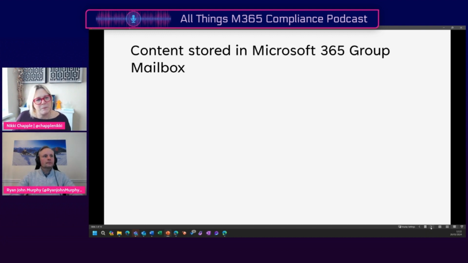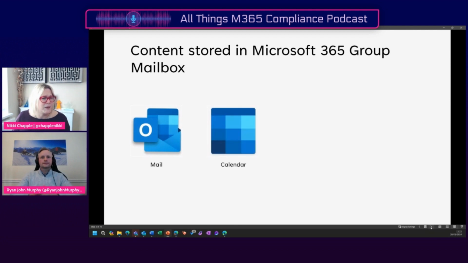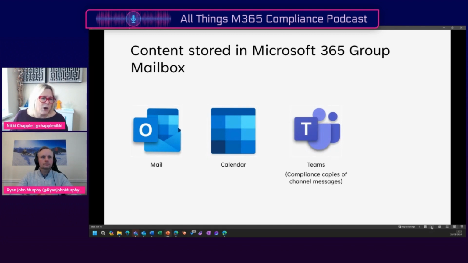The purpose of the mailbox is to store any communications if you're having any channel meetings in there, but importantly, it's to hold the compliance copies of the communications within your team. So these are your standard channel messages, and these are your shared channel messages. All the compliance copies are stored in there.